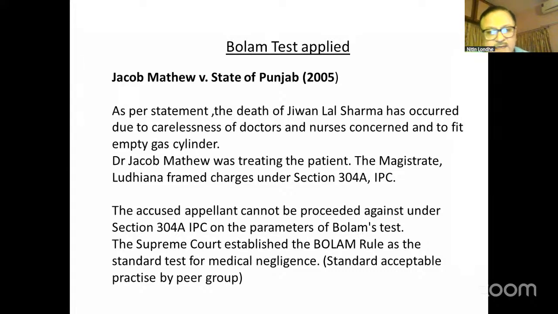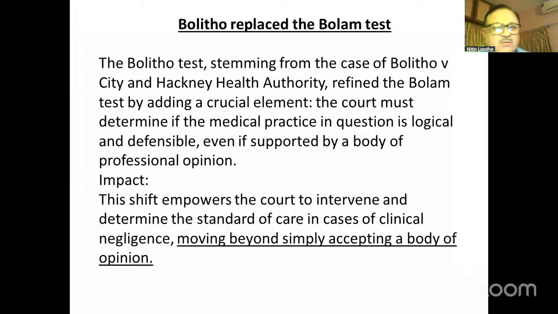Though it started off with the Bolam test, it was subsequently replaced by the Bolitho test. The Bolitho test started off with Bolitho versus City of Hackney Health Authority, and it suggested that even if the medical body says that whatever was taken as consent was acceptable, it is for the judiciary to decide whether that consent stands the reasonable man test.